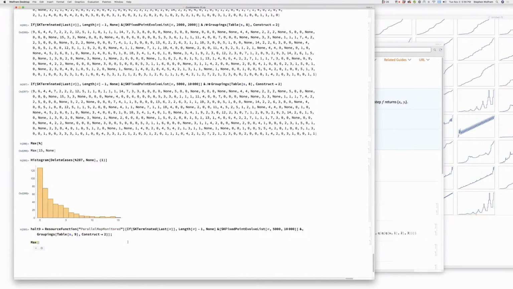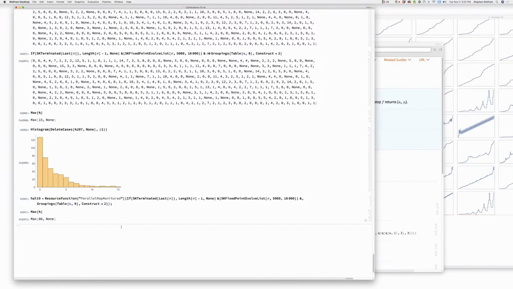Okay, let's say max of that. That's 86. So that's a thing that takes 86 steps but eventually halts. Now one thing I'm curious about is that 86-step creature. Okay, let's take that one.